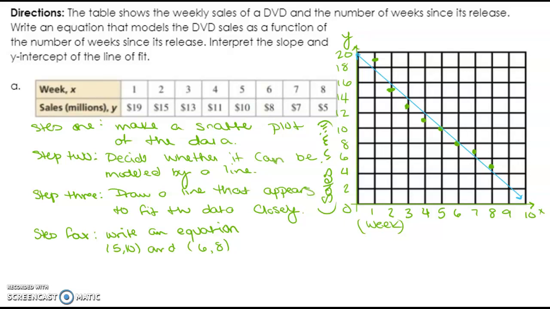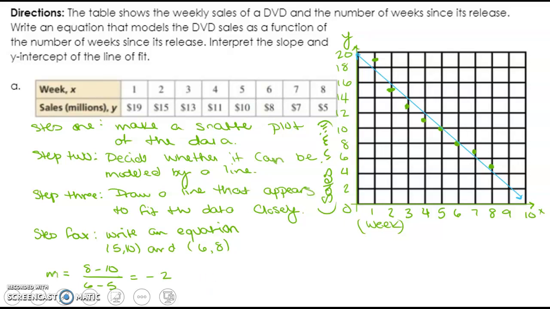Slope is m equals y2 minus y1 over x2 minus x1. If I set this up, I get m equals 8 minus 10 over 6 minus 5. And that will give me negative 2.